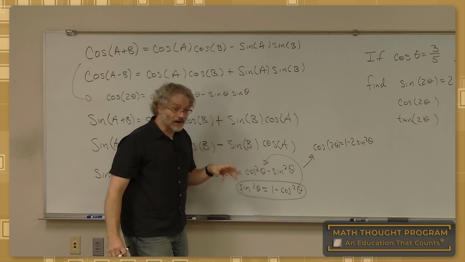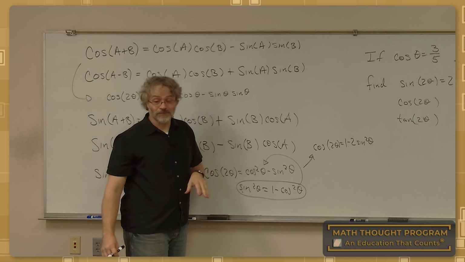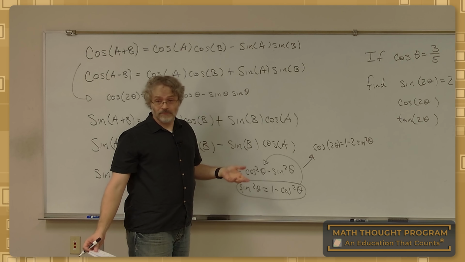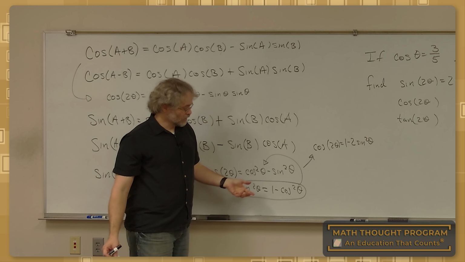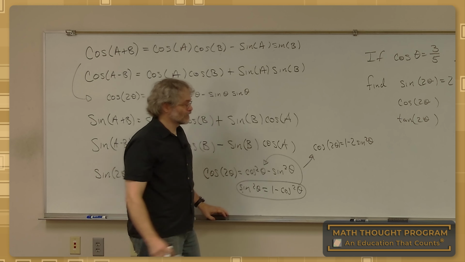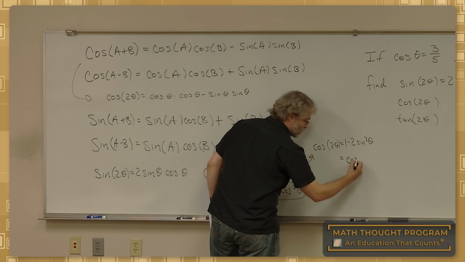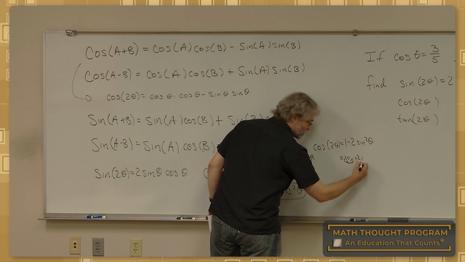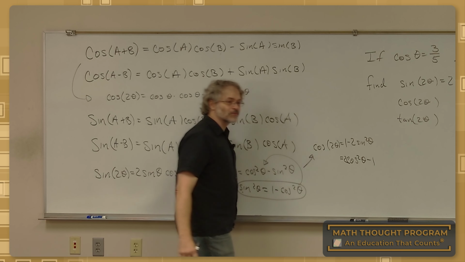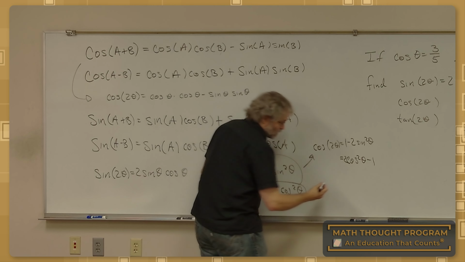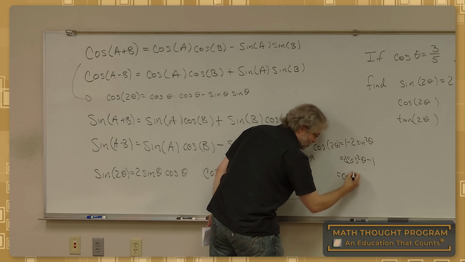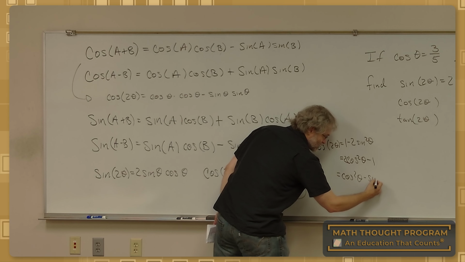Okay, so you take the minus of the cosine squared, that becomes positive. But you already have a cosine squared up here. So you can also take this identity and you can calibrate it as 2 cosine squared theta minus 1. You can also say cosine squared theta minus sine squared theta.